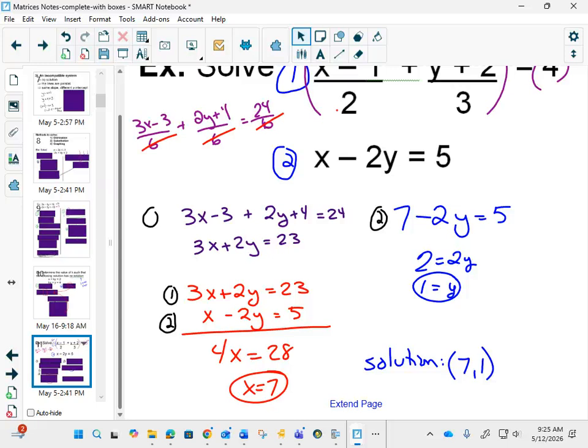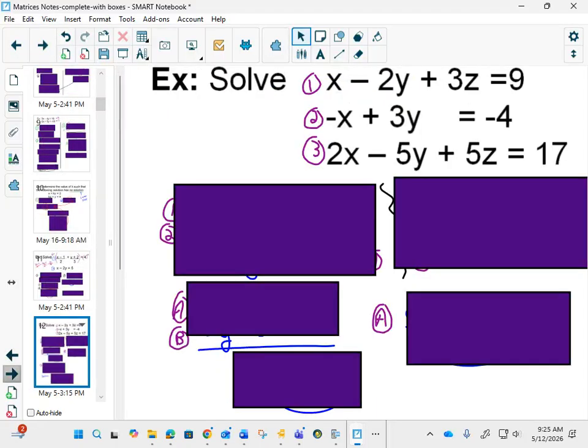The majority of questions you've had with systems of equations have been two equations with two unknowns. If you have three things you do not know, then you need three equations to solve it.